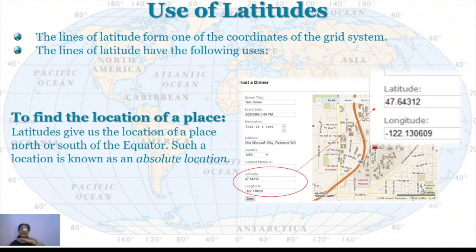When we draw a latitude, a horizontally drawn line, and a longitude, where these two lines crisscross or intersect each other, that point of intersection is the location of a place. In this manner, it gives us the absolute location of a place.